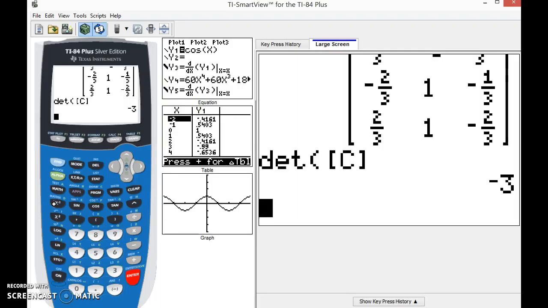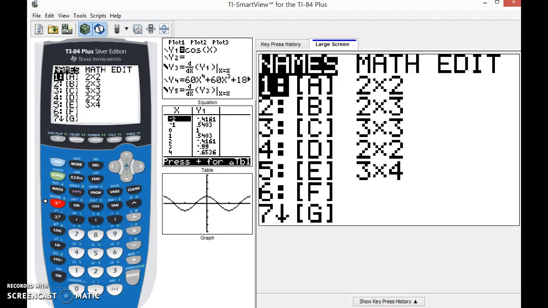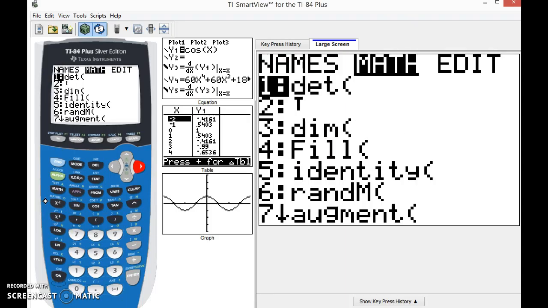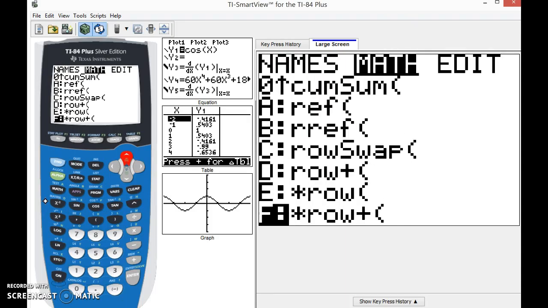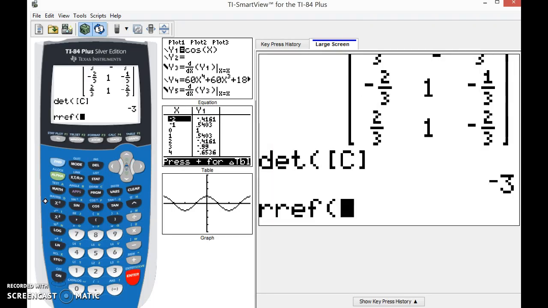So let's go back to matrix and go back to math. It's actually faster to scroll up to it because it's near the bottom of the menu. So I'm going to scroll up and you can see it right there. B is reduced row echelon form. Grab that.